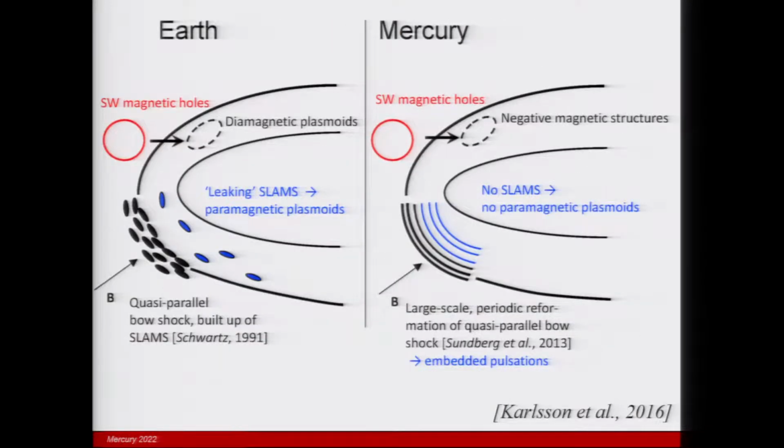And I made the same conclusion in another study, based on the fact that if SLAMS have a similar scale size at Mercury as at Earth, they would more correspond to a global reformation of the quasi-parallel bow shock. And you wouldn't see these leaking SLAMS that you sometimes see at Earth, kind of detaching themselves and going back into the heated, shocked magnetosheath.